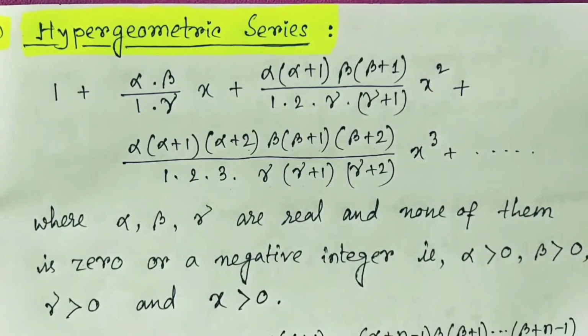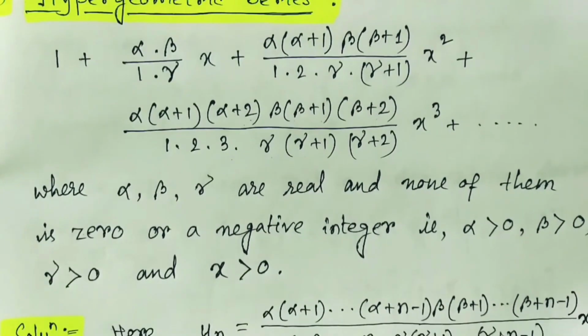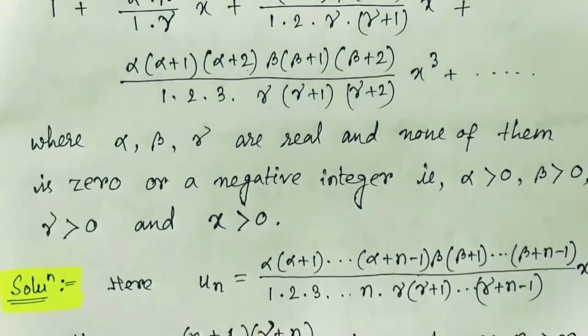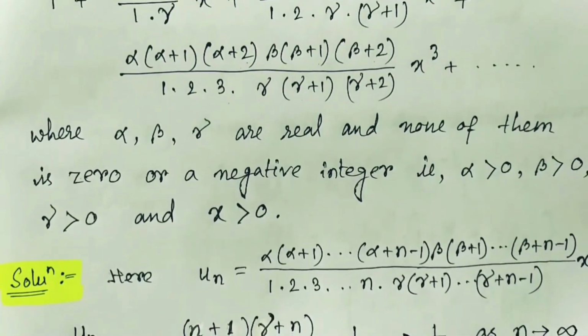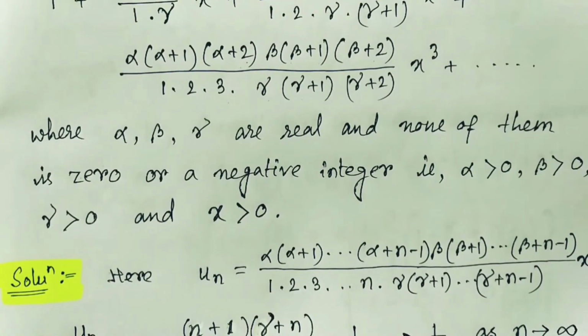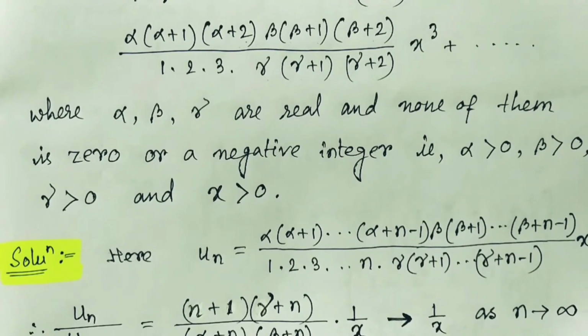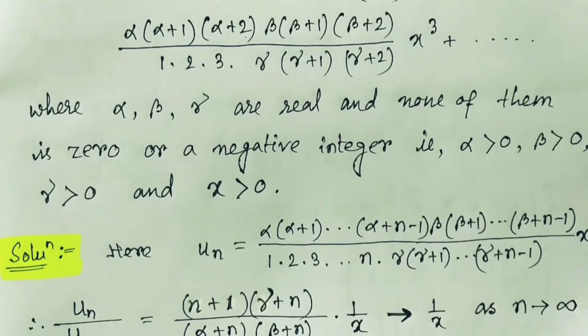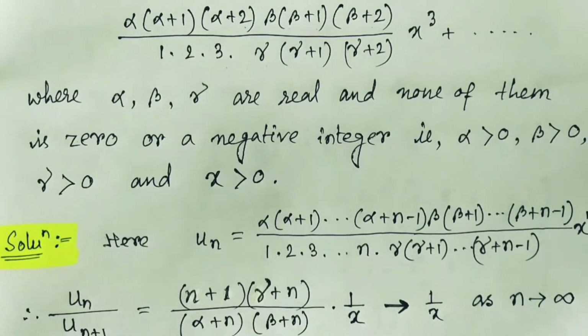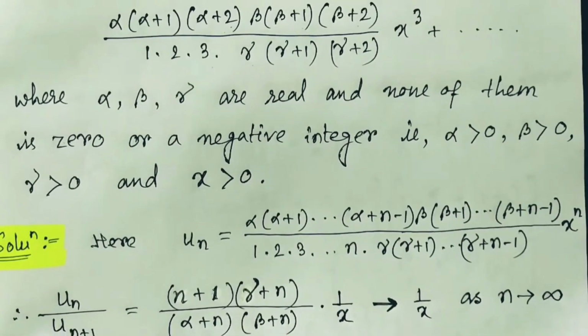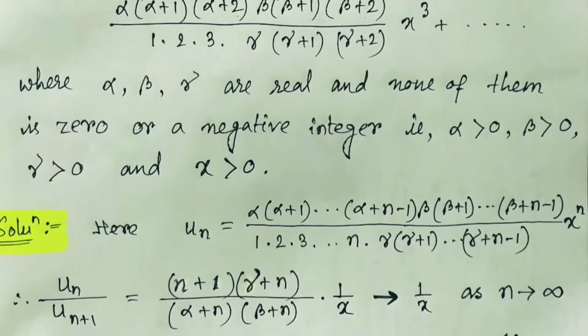If the series is given like this, then this is the hypergeometric series where alpha, beta and gamma are real and none of them is 0 or a negative integer. That is, alpha is greater than 0, beta greater than 0, gamma greater than 0, and x is also greater than 0.